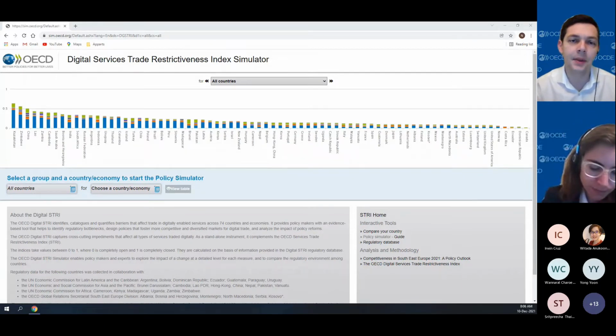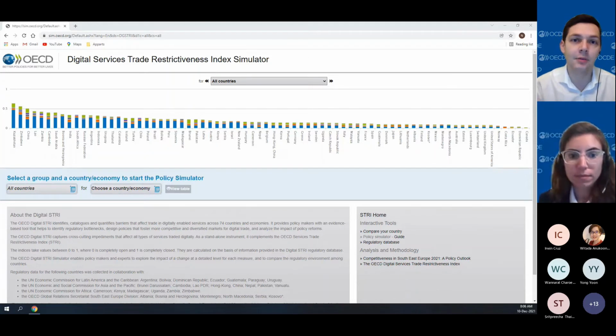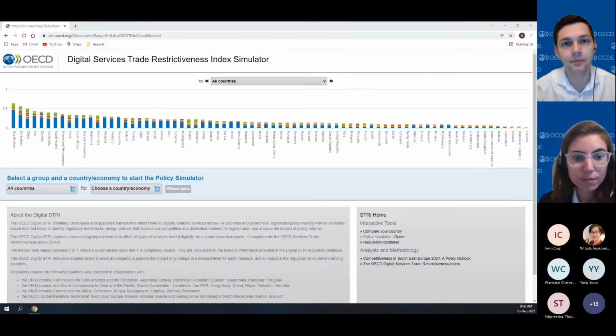In the STRI, we adopted a horizontal approach, which is the digital STRI, and that includes all kinds of measures that apply to any kind of digital activity that can be undertaken. And then we have a more sectoral approach, a sectoral zoom for all the different sectoral measures that are relevant. So it's really a slightly different approach in terms of structure and the way we score the measures, but I think they are quite complementary in terms of the overall objective.